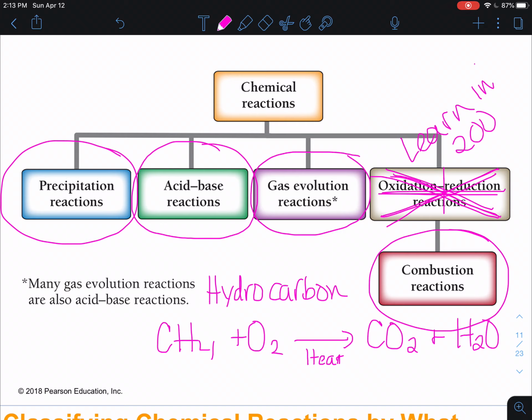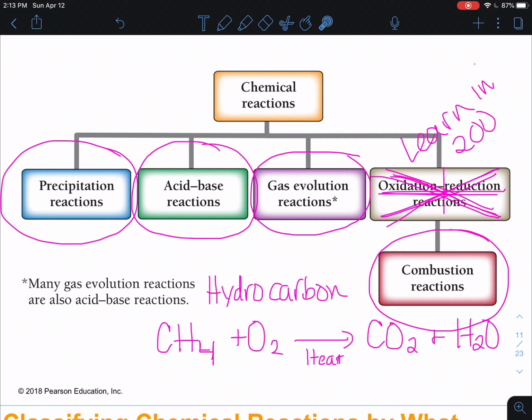We don't spend a lot of time on it because they're very important reactions, but they're not very difficult to identify. If you see a hydrocarbon, anything that has carbon and hydrogen, that reacts with oxygen to form CO2 and water, that is always going to be a combustion.